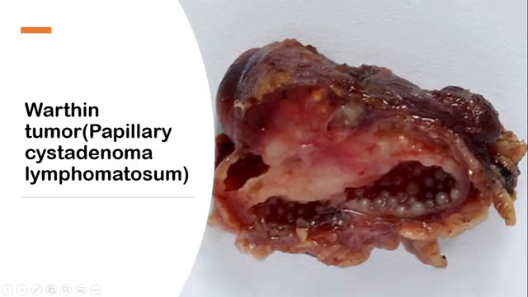The tumor is made up of cystic structure lined by papillae or papillary projections, covered by bilayer of oncocytes with underlying mature lymphoid tissue element.